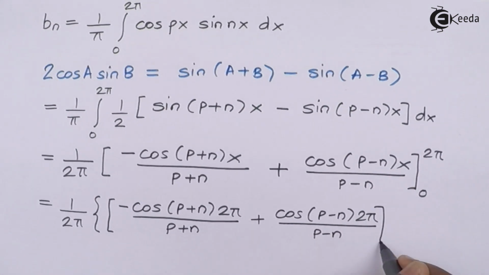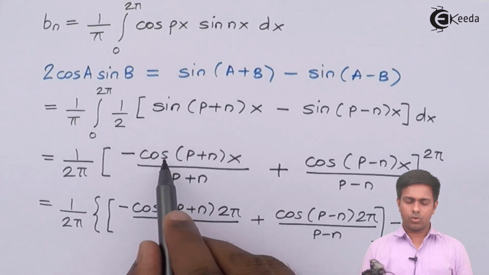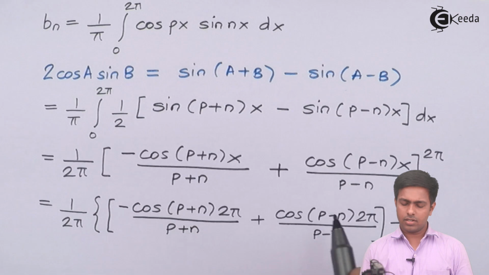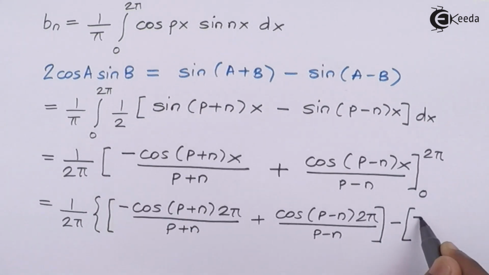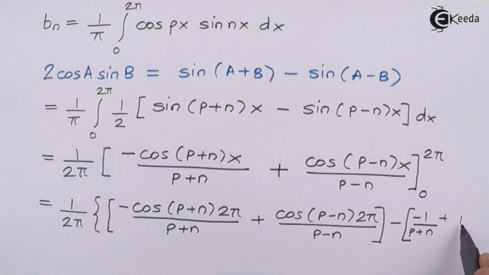So this is the value of upper limit minus. Now let's put the lower limit. Lower limit is 0, so cos 0 is 1, so due to negative sign we'll get negative 1 upon p plus n, and this will be plus 1 upon p minus n.